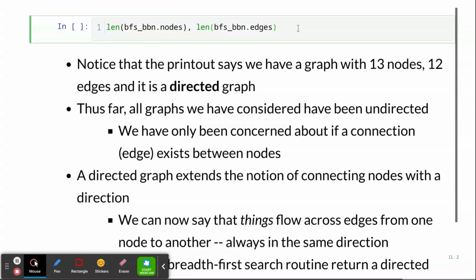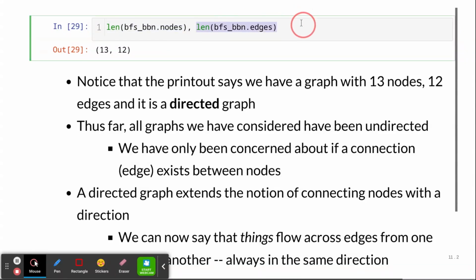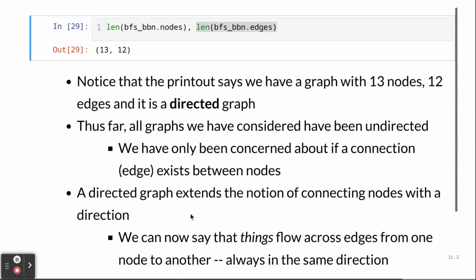We can also ask this digraph for the length of the number of nodes. So here it says there are 13 nodes. And we can ask it for the length of its edge list, which would give us 12. So we have now a 13 node, 12 edge directed graph.